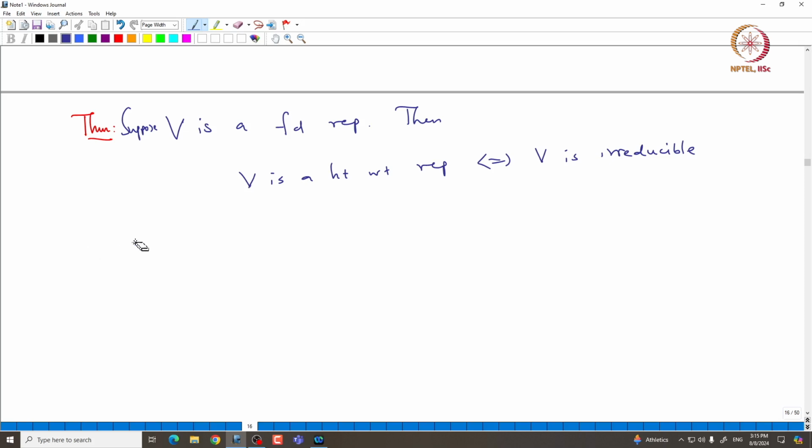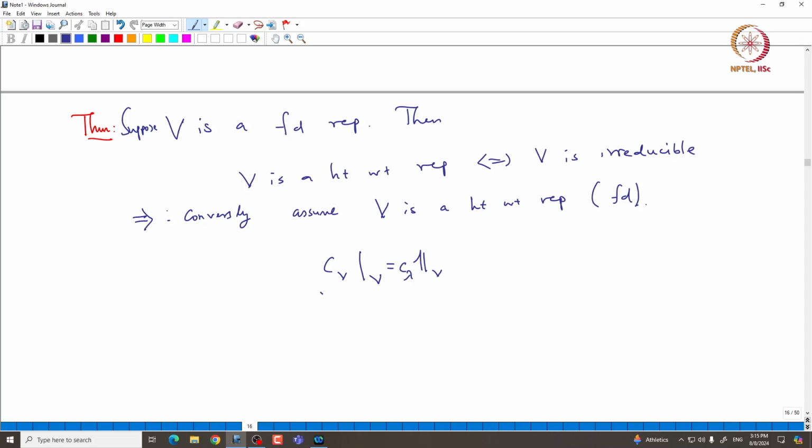So, now we will prove the converse. So, conversely, assume that V is a highest weight representation. Of course, finite dimensional is also there. So, then we know that CV acts as identity on V up to a scalar that is given by C lambda.